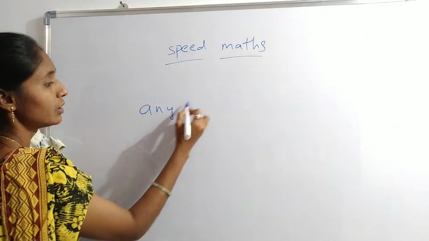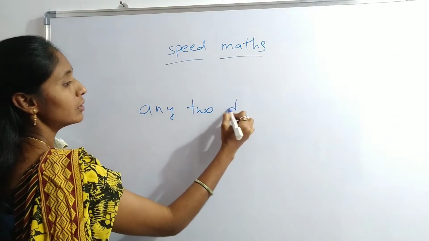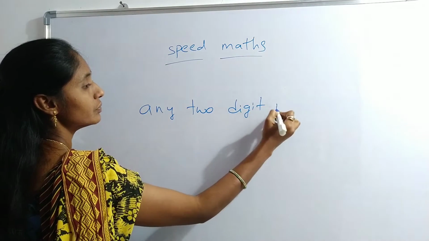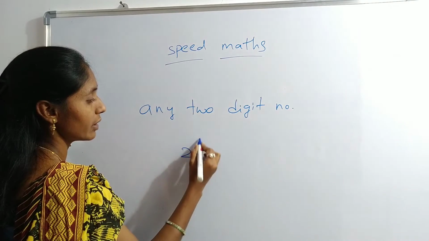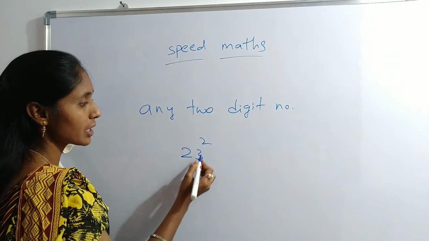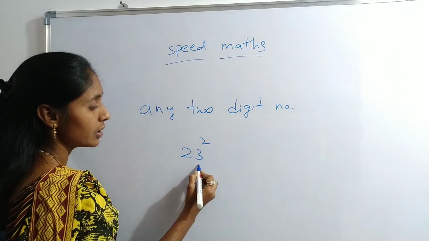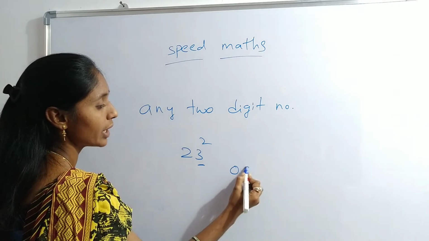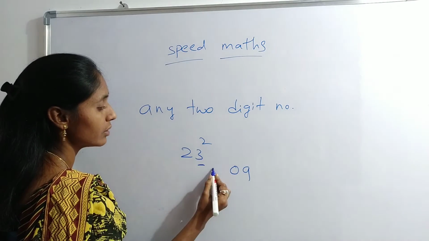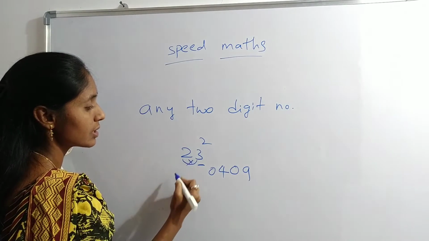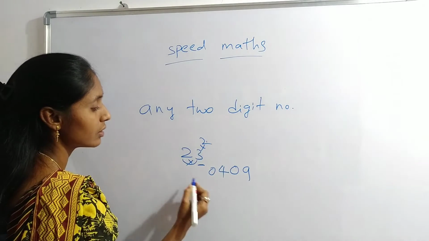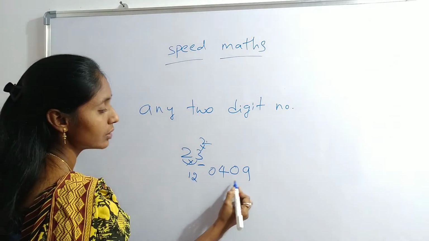Next, the square value of any 2-digit number. Let me take 23 square as an example. 3 square is 09, 2 square is 04, 2 threes are 6, 6 twos are 12.